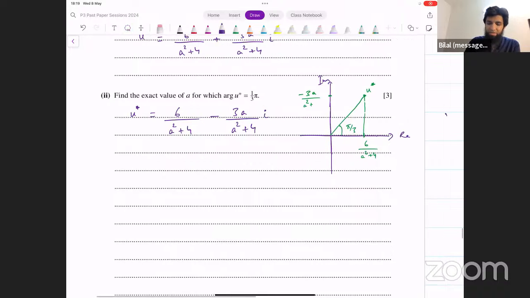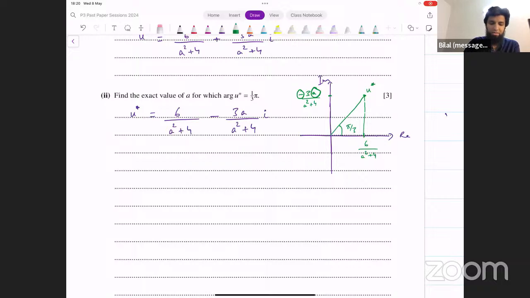Now, how can this be negative? Well, for this point to be here in the first quadrant, the imaginary part has to be positive. Since the imaginary part has to be positive, and we have a negative sign here, that means the value of a that we get at the end has to be something negative. So negative into negative makes it positive.